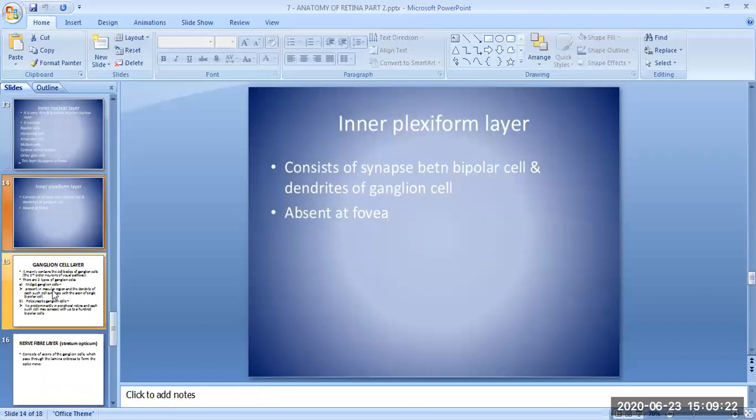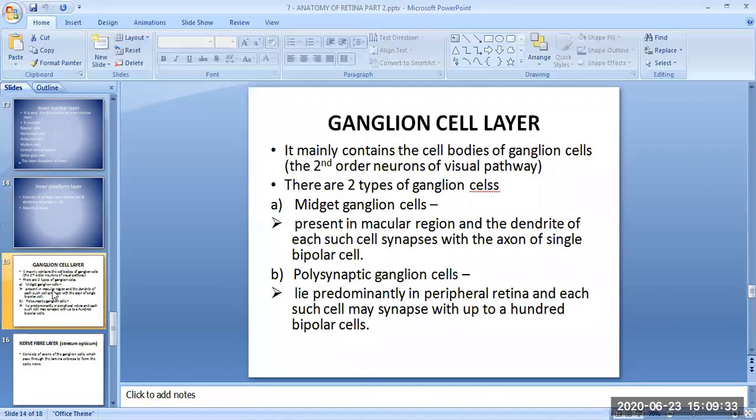Next, the seventh layer is the inner plexiform layer. It consists of the synapse between bipolar cells and dendrites of ganglion cells. It is absent at the fovea. The eighth layer is the ganglion cell layer. It mainly contains the cell bodies of ganglion cells, which are the second order neurons of the visual pathway.